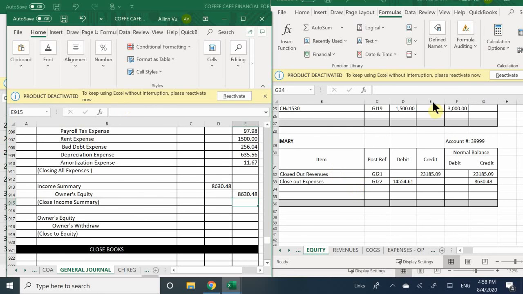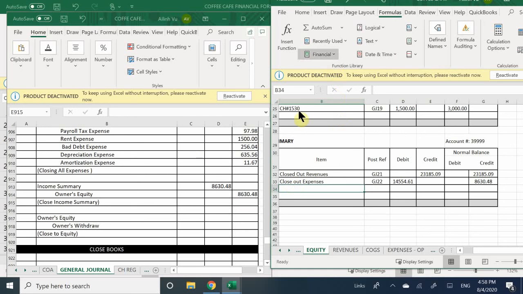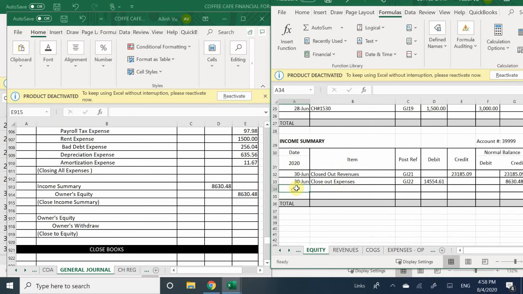And so I'm going to go ahead and journalize that real quick. So here's my journal entry. And now I'm going to go ahead and post it to my ledger. I'm going to close out to equity. All right.